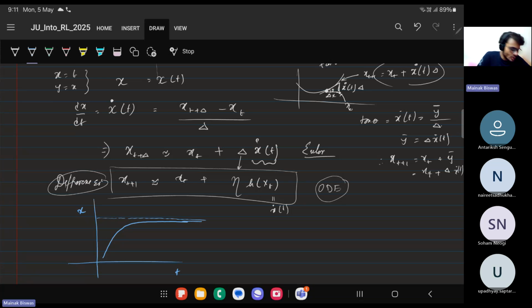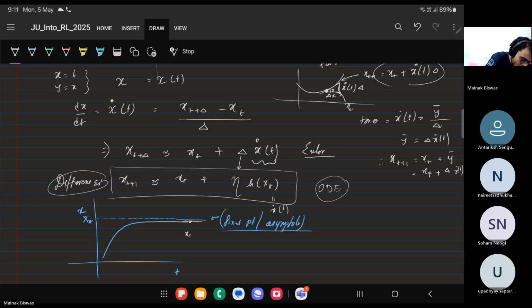Do you agree that x star is called a fixed point or an asymptote? What does it mean? Just look at this point over here. Do you see the derivative is 0? Yes or no? Fine. At this point, you can clearly see the horizontal tangent. Yes or no?